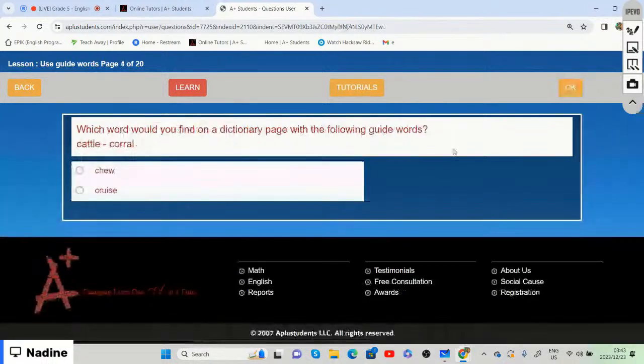So, which word would you find on a dictionary page with the following guide words? Cattle and coddle. Which word will we find in between these two words? Is it chew or cruise?